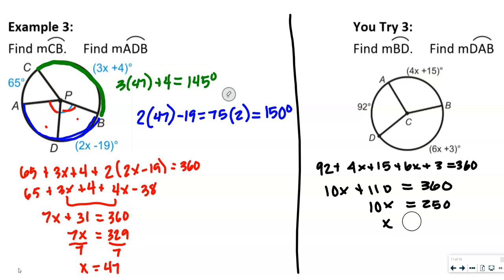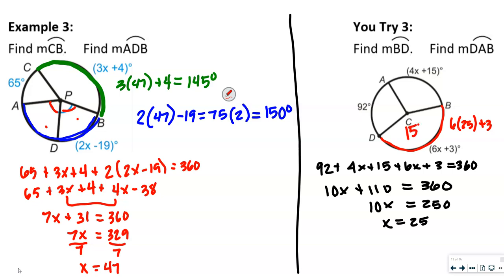So go ahead and plug that back in there. So it's asking us to find AB, right? So we're going to do 4 times 25. That would be, sorry, BD. Wait, skipped it. Sorry, wrong one, y'all. Let's do the one at the bottom. BD here, right? BD's right there. So we're going to do 6 times 25. That's 150 plus 3.